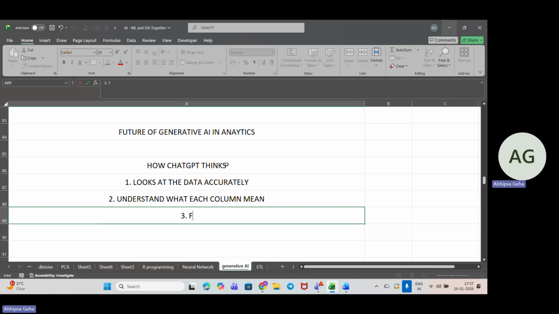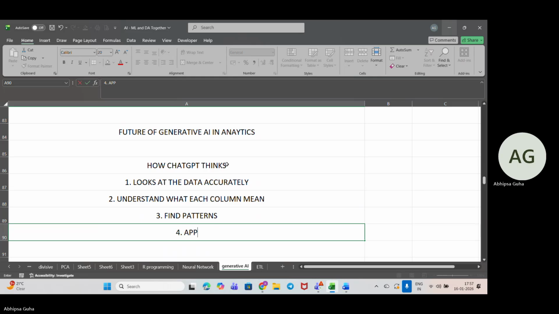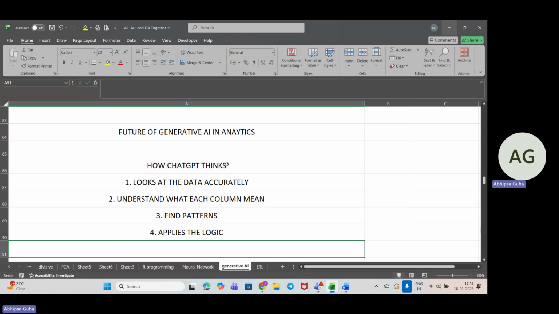Next, it finds patterns. Next, it applies the logic. Next, it explains it in human language.